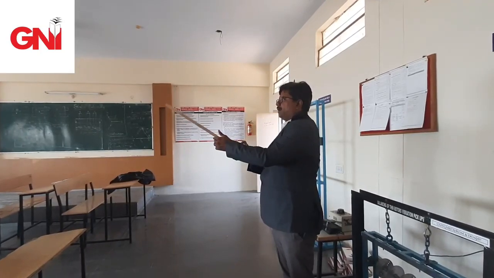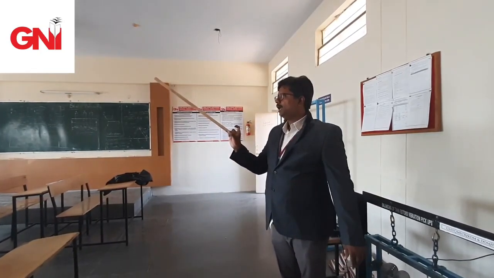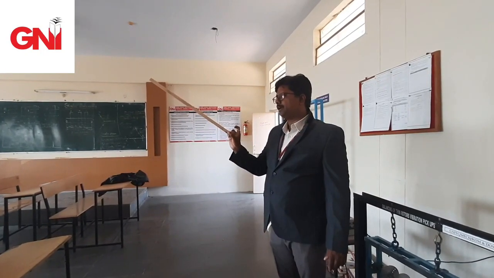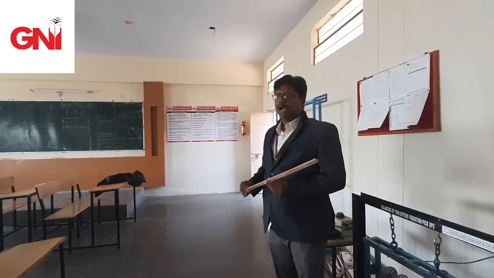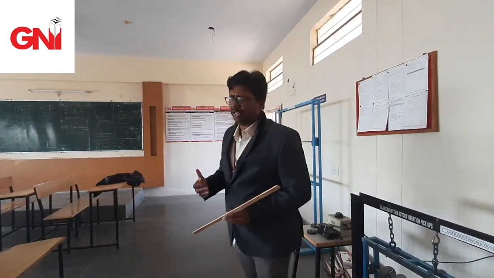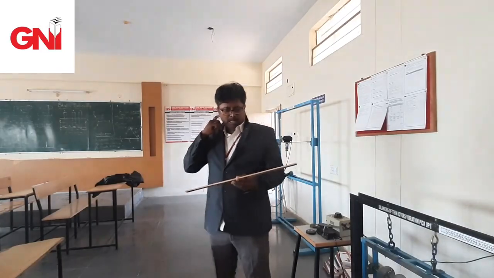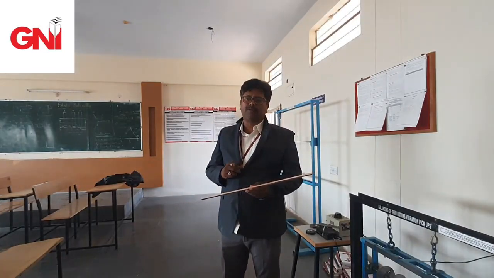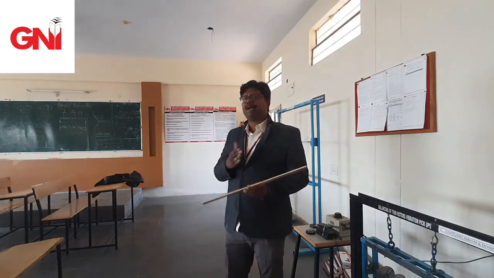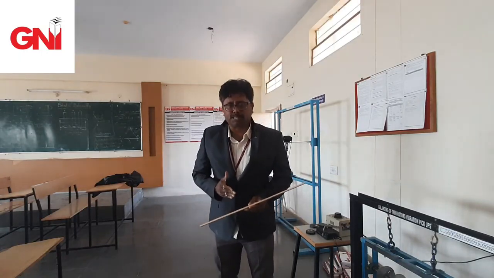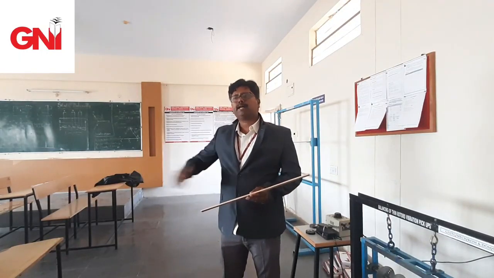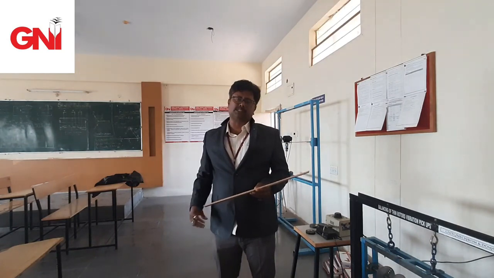When I keep the stick in this position, I may feel a little difficulty compared to the horizontal position. Why do we feel this? By the moment definition, force into perpendicular distance: as the distance increases, the moment also increases.